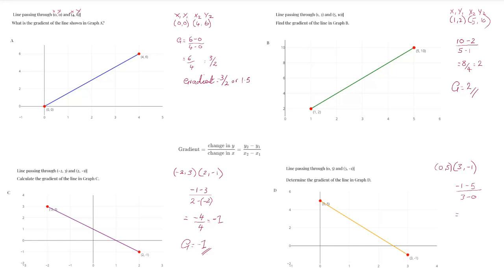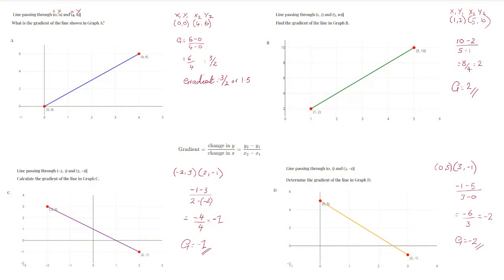That becomes minus 6 all over 3. So our gradient to the line is minus 2. And that's it.